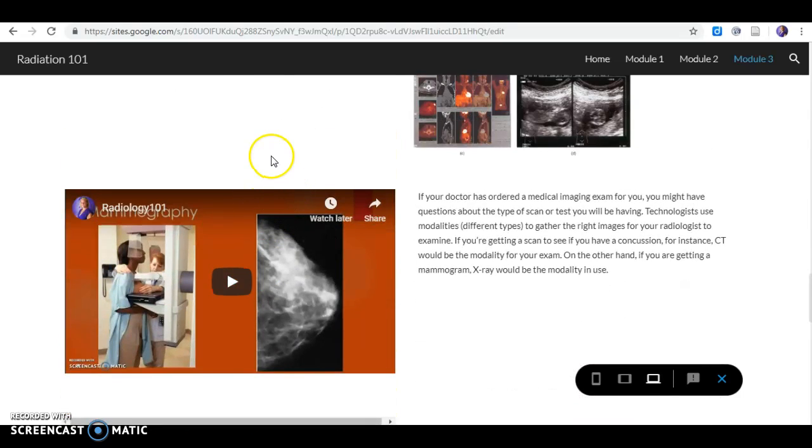I then talked about the different modalities associated in radiation, how there's radiography, mammography, and nuclear medicine. I do have a modalities PowerPoint here, but it's fairly long. It won't make it to my 15-minute hard stop.